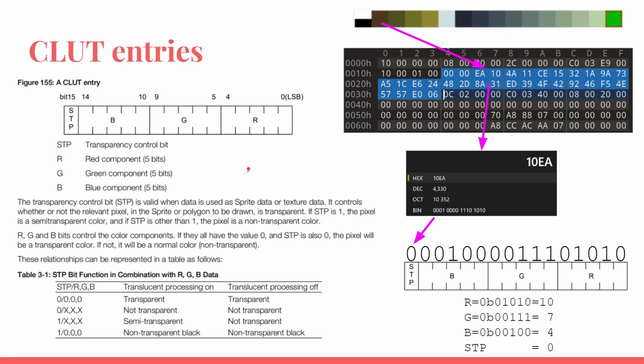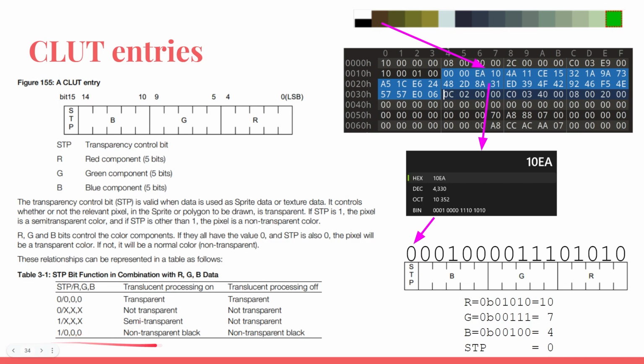Now it's a little complicated to explain what this does, but I'll give it a try. Because we only have one bit to control transparency, we can't really have proper alpha values. So how do we have proper transparencies in an image? Well, there's a bit of funny business going on.